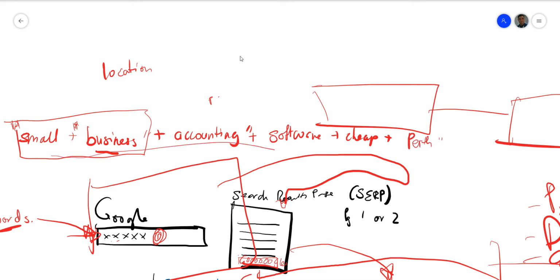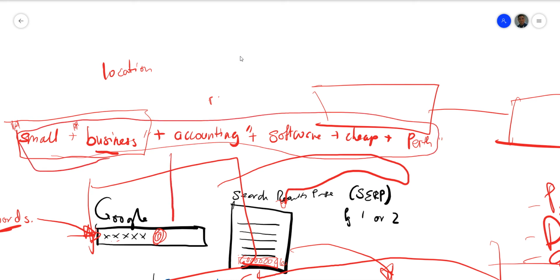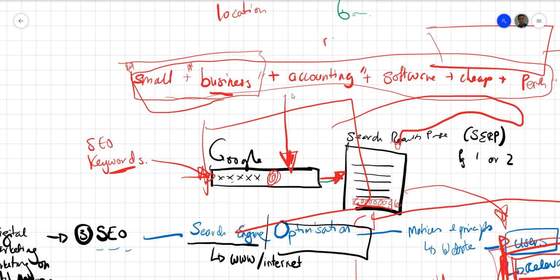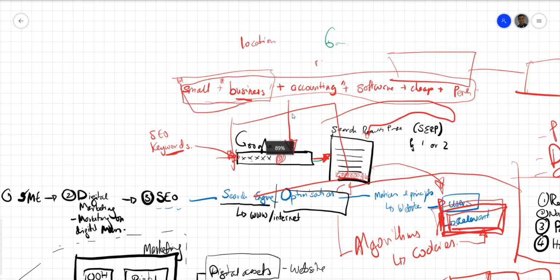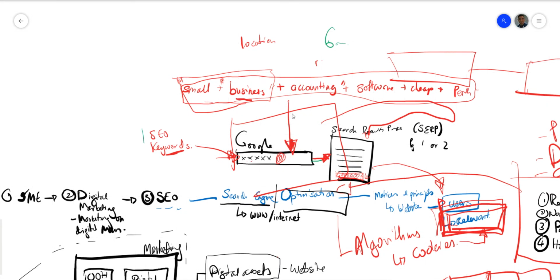Therefore, this string goes into Google search engine, and it will give me the results that I am looking for, usually, right, based on my behavior in the last 6 months or so. That is, in a nutshell, the effect of keywords.